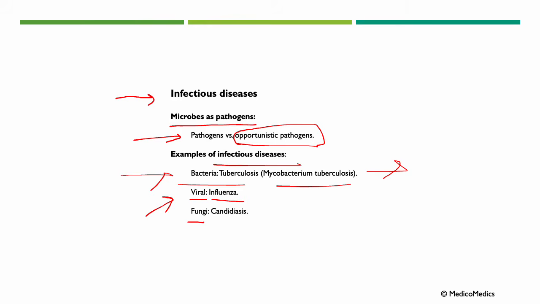Then we have fungi. So candidiasis, an infection caused by Candida species, commonly affecting the skin, the mouth, and genital areas. So this differentiation highlights the diverse mechanisms through which pathogens affect human health.